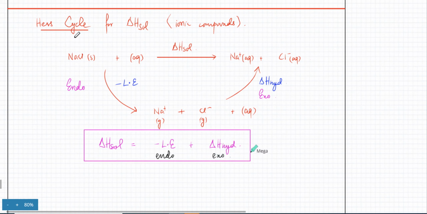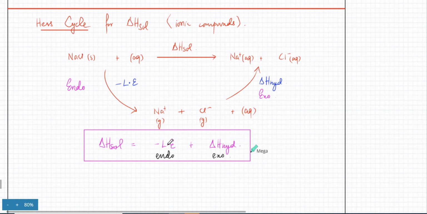So enthalpy of solution would overall depend on these two things, and they would decide whether enthalpy of solution is endo or exo. If the endothermic is bigger, then enthalpy of solution is going to come out to be endothermic. If the exotherm, the enthalpy of hydration, is bigger, then enthalpy of solution is going to come out to be exothermic.